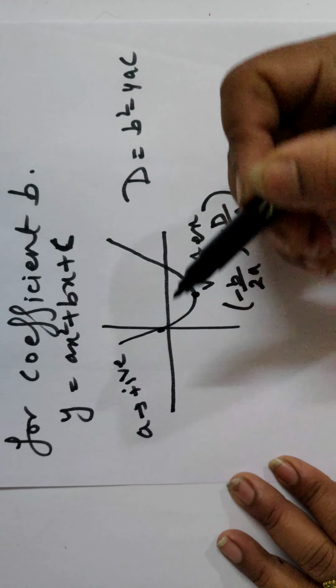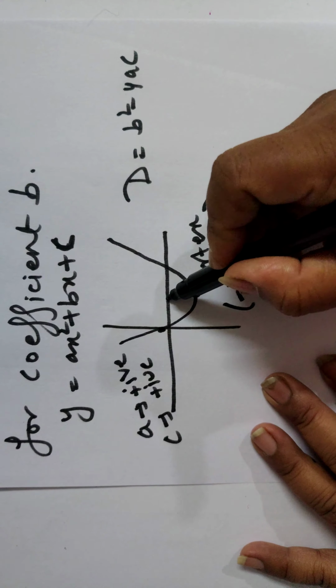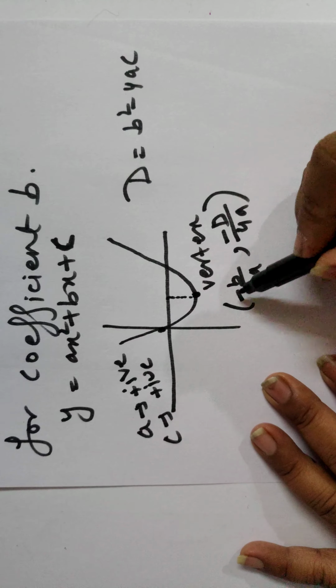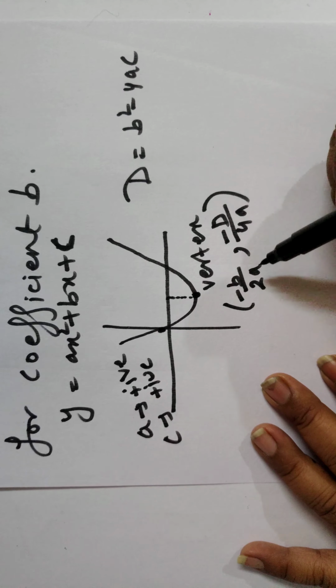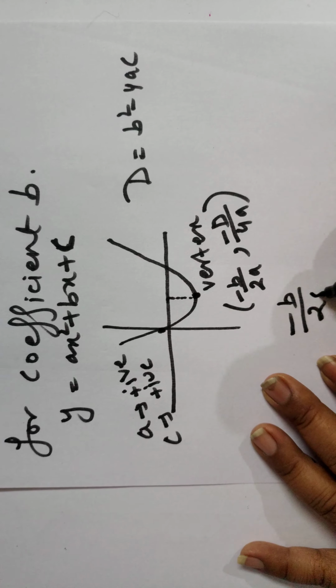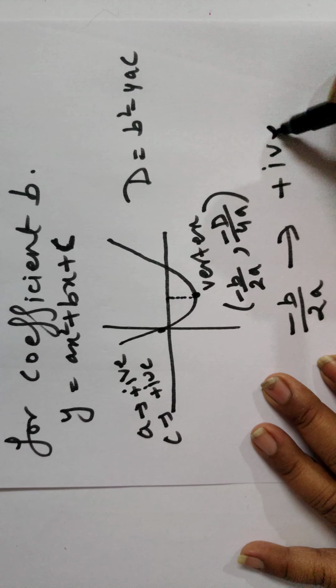So how can we get the coefficient B? See, this is the vertex point, and this is C. Here we will consider the x coordinate, and it is positive. So the x-axis here is positive, so we need minus b upon 2a to be completely positive.